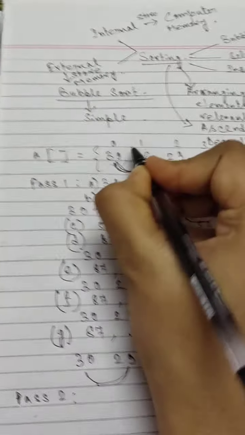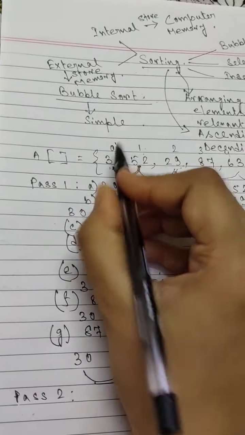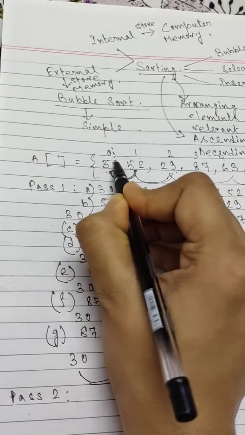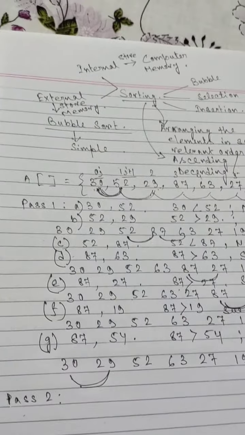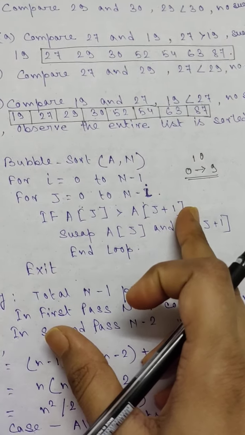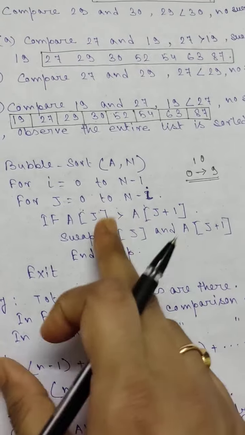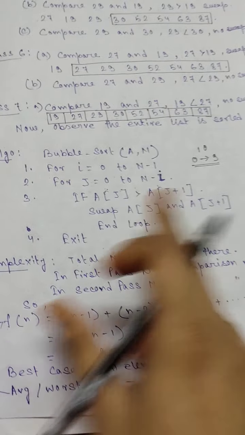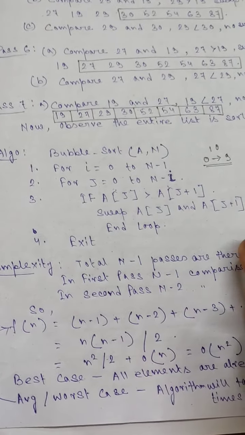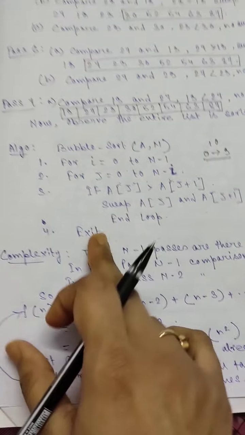Suppose this is j, and the index value is 0, and this is j plus 1, the index value is 1. So we compare j with j plus 1. If j is greater than j plus 1, then we do a swap. Now we have to complete all the elements with the same process, then end loop, exit.